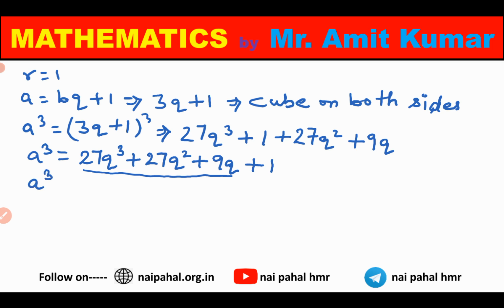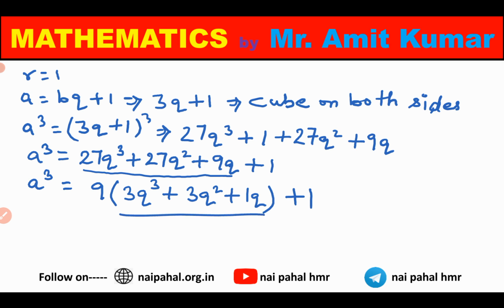We can write a cube is equal to 9 taken as common, 3q cube plus 3q square plus q, and plus 1, where the interior term is taken as k2.